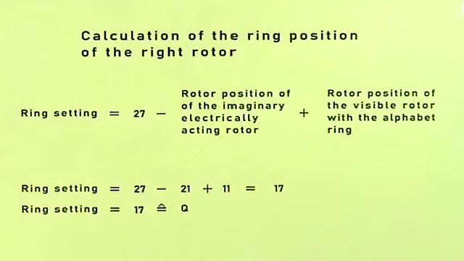The ring setting is equal to 27 minus the rotor position of the imaginary electrically acting rotor plus the rotor position of the visible rotor with the alphabet ring.